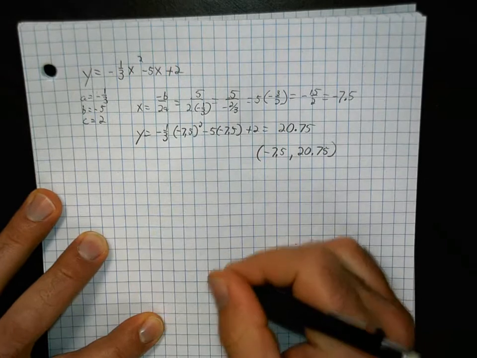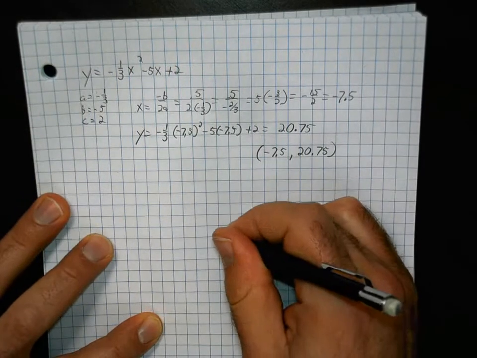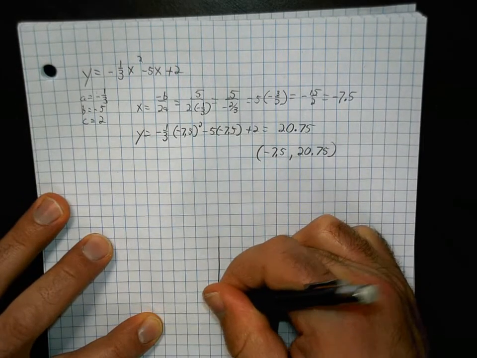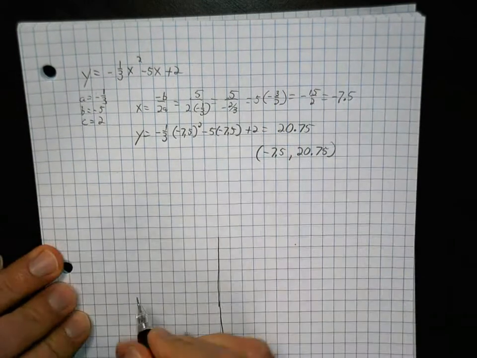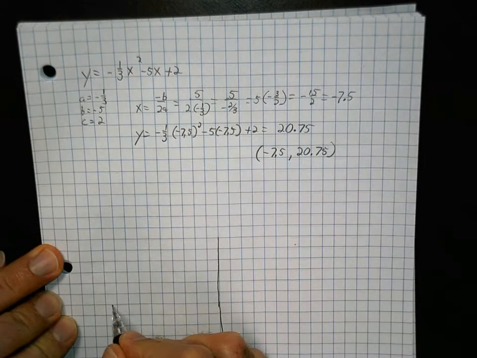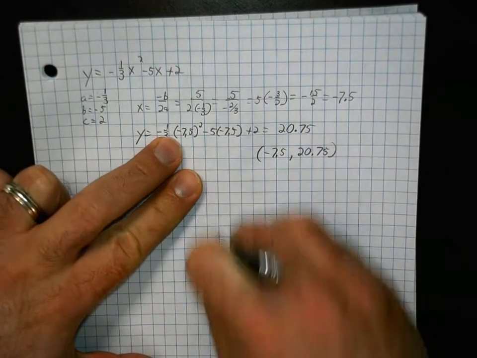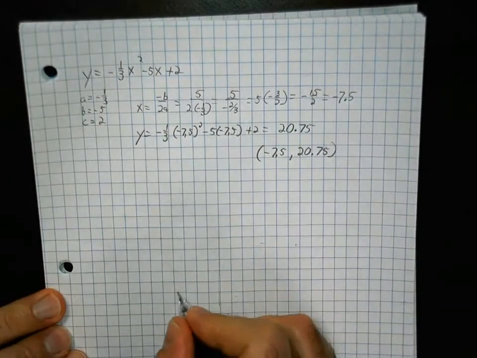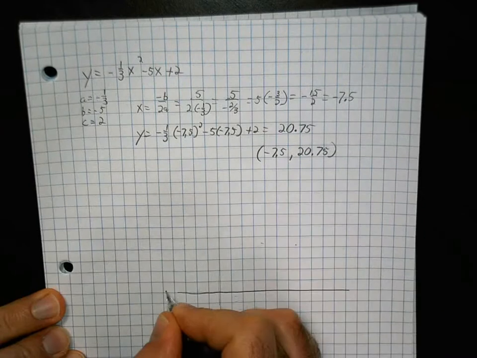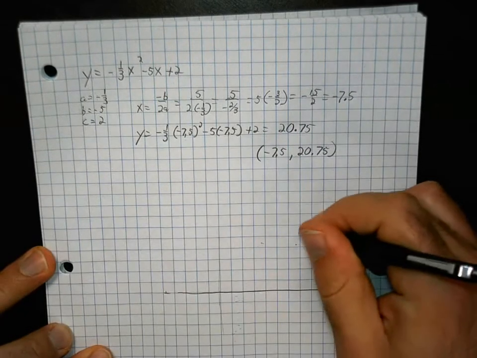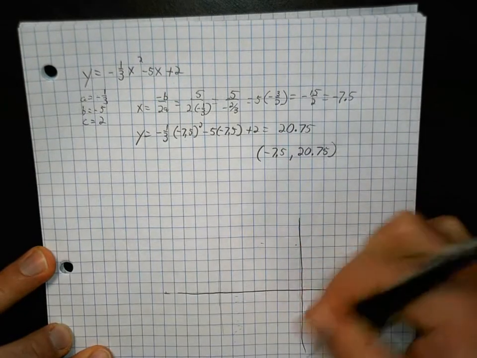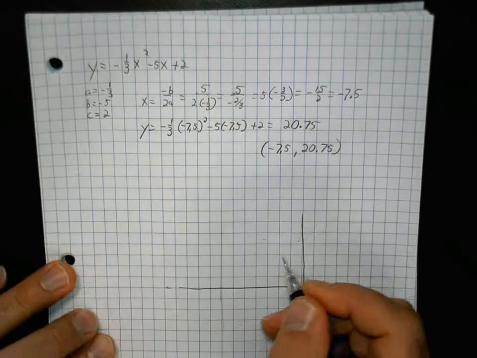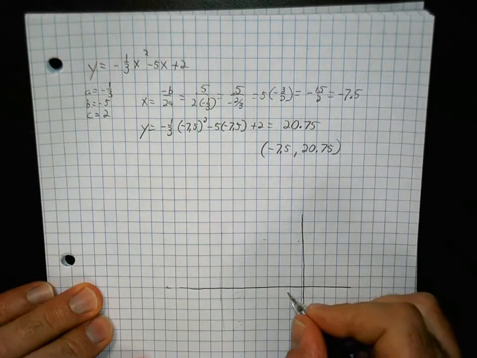Okay, so I better start plotting this. I'm going to make this graph a little bit bigger, just because I know it's going to take up a little room here. Actually, slide that over a little bit, because I know I have to go into the negatives here. Okay, so I'm going to go by 2's just because of these larger numbers.